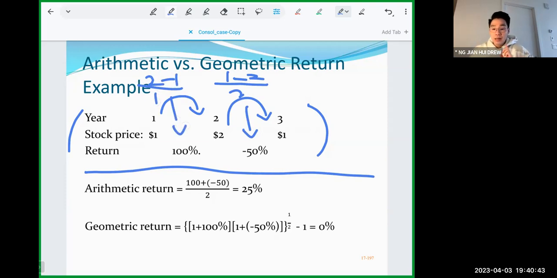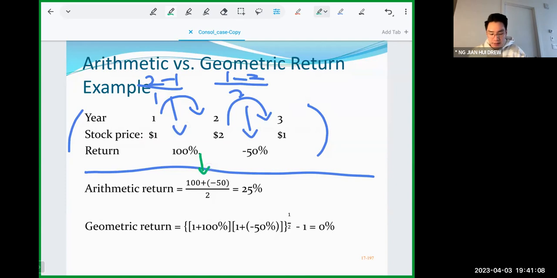So after calculating the returns, if we are supposed to use the simple average or simple arithmetic average, what do we do? We just take the returns. Remember the last slide, we just take the returns, 100% plus negative 50%, which is here, divided by 2.